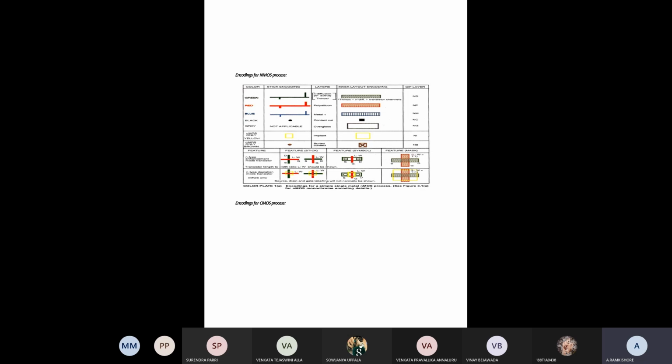That polysilicon will be indicated with red color. In a stick diagram, we have to draw a red line over the N diffusion. That means polysilicon and the N diffusion will be combined, or we have to cross one color with another color, so those two colors touch each other.